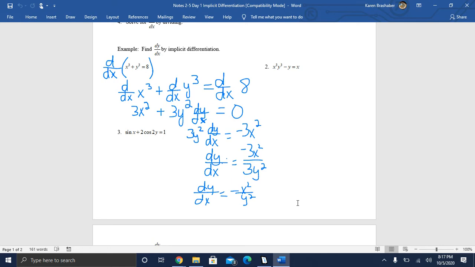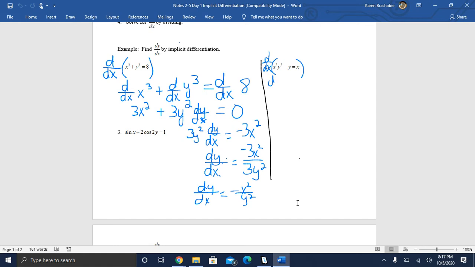Okay, for your second problem, you have x to the third y to the third minus y equals x. So notice that there's just not an algebraic way to get the y by itself. And so we'll have to do the derivative with respect to x of both sides of that equation. Now, I'm going to show that again.